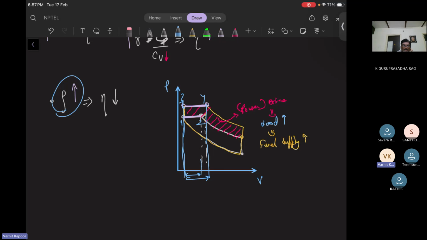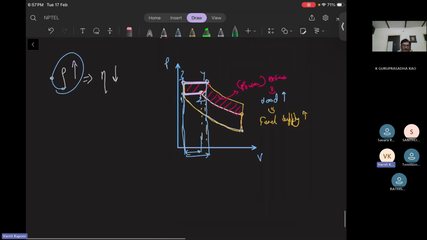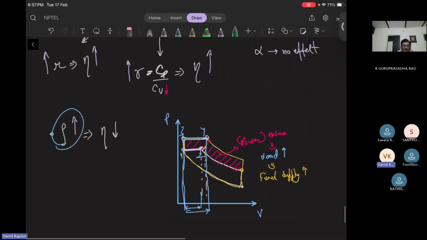If, using another color, without increasing the cutoff ratio, I would have been able to generate the same higher power, this region, then this green engine will be more efficient.